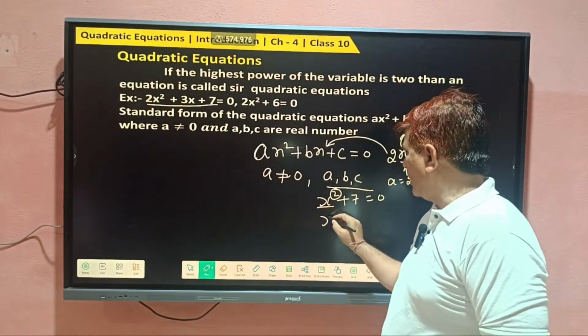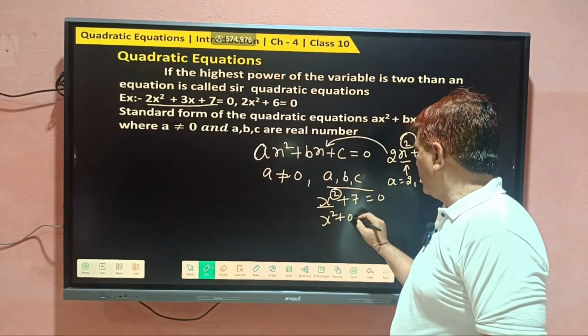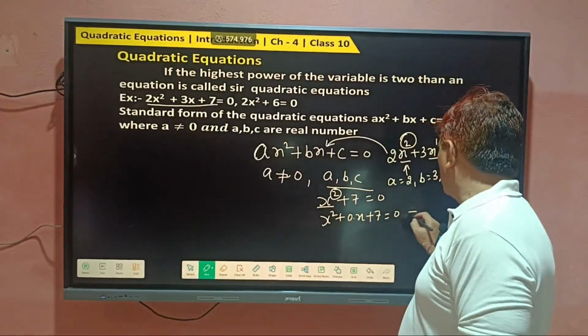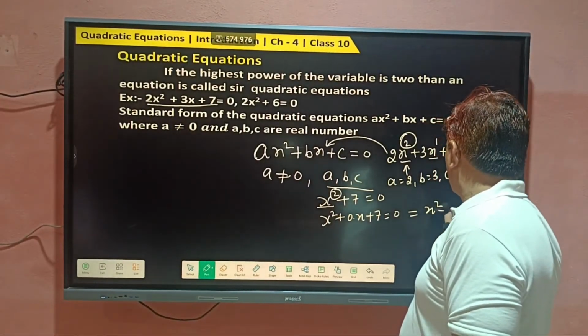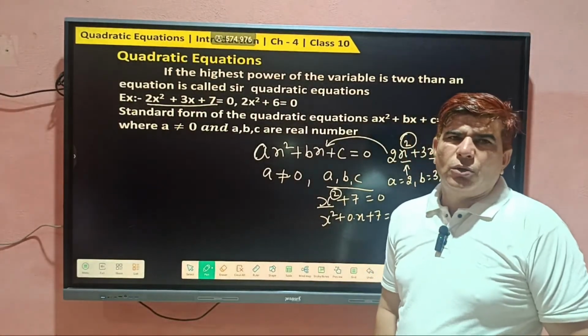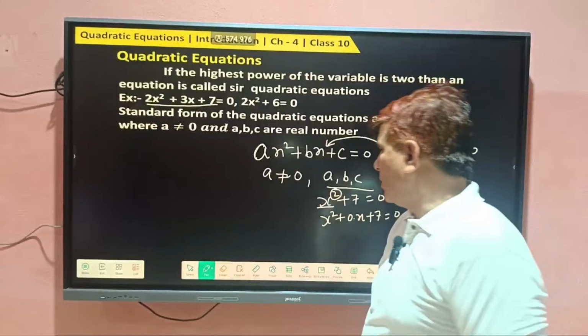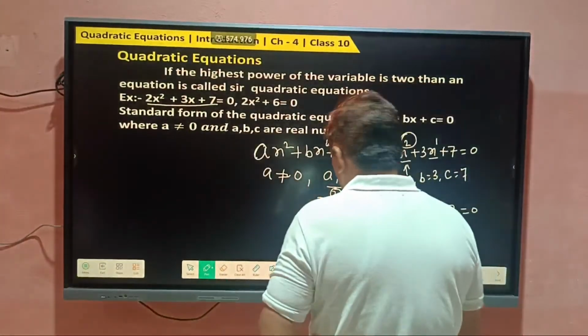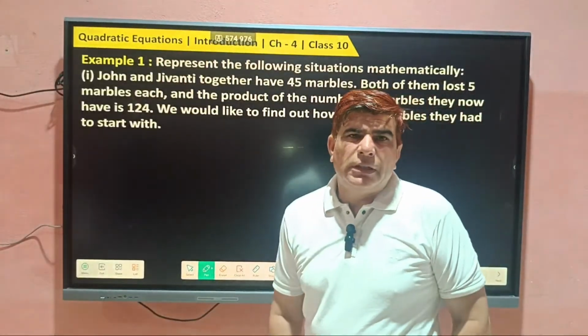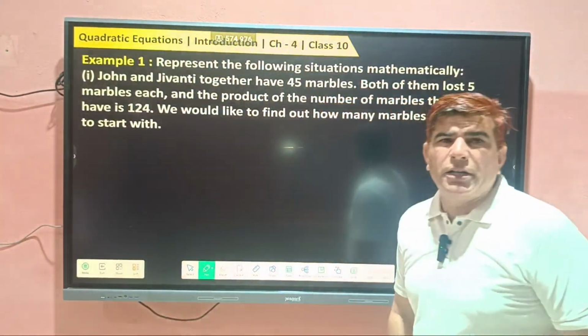In standard form, we can write x square plus 0 into x plus 7 equal to 0. This is equal to this: x square plus 7 equal to 0. So there are so many examples where you can say this is a polynomial, this is a quadratic equation.